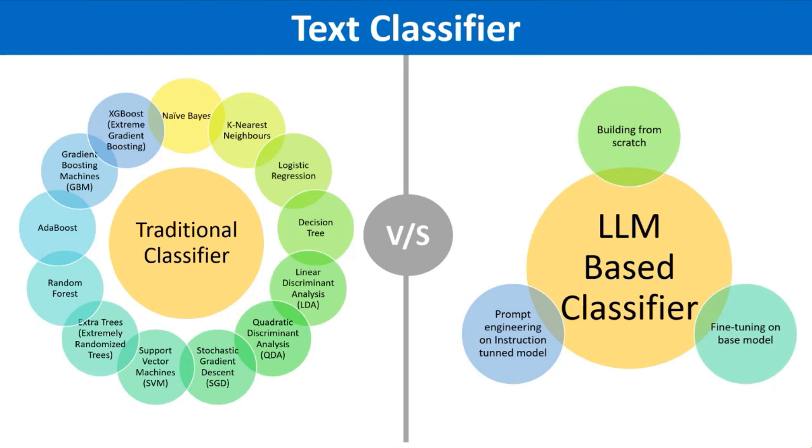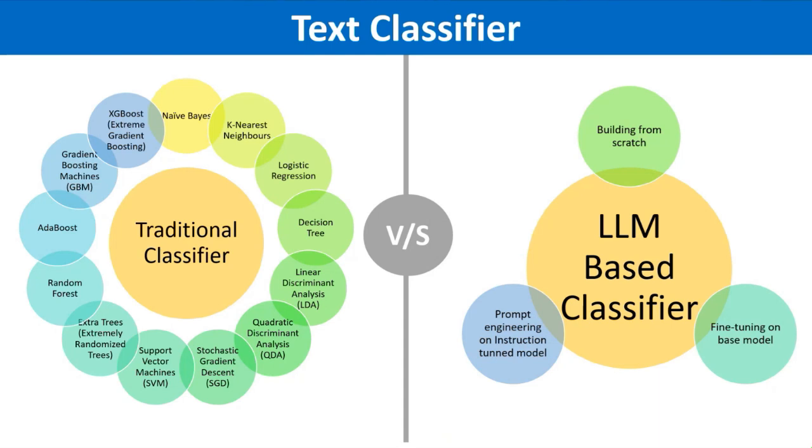These models rely heavily on structured training data, feature engineering, and sometimes require extensive preprocessing. Each model has specific strengths, such as decision trees being interpretable and ensemble methods offering strong performance in complex tasks. Traditional classifiers work well for structured data, but may struggle with understanding nuanced language features without significant feature engineering.